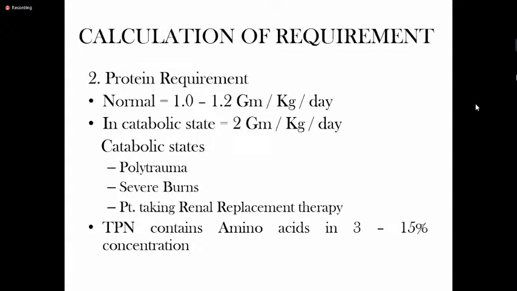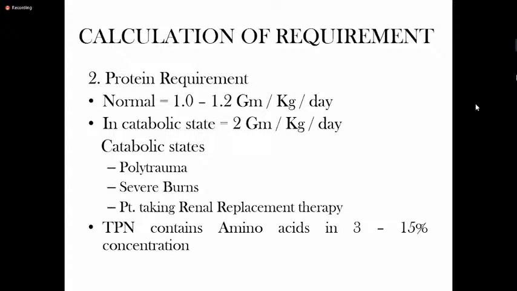The second one is protein. The protein requirement is normally 1 to 1.2 grams per kilogram body weight per day. In catabolic states we give 2 grams per kilogram body weight per day. Catabolic states are when the requirements are increased, and they include a person who has polytrauma, severe burns, or a person who is taking renal replacement therapy.